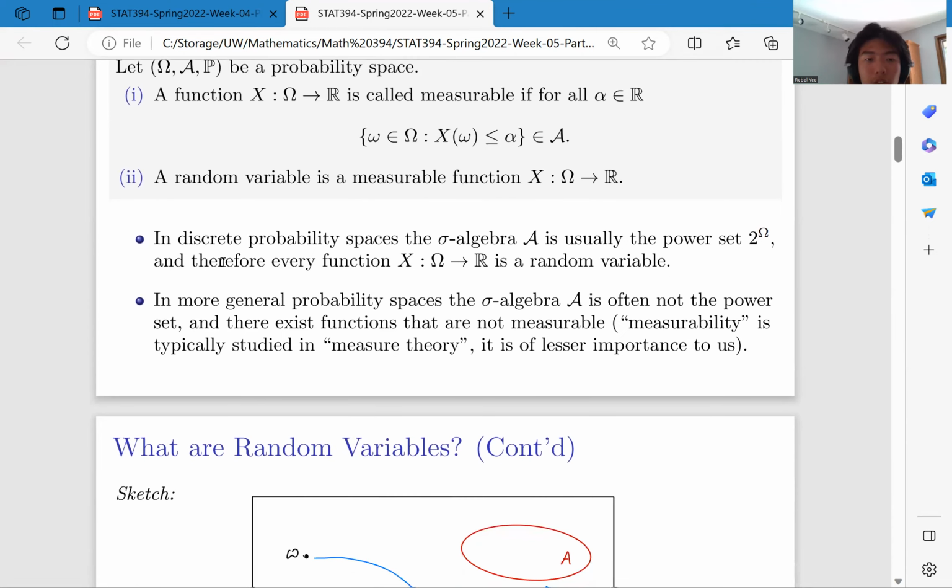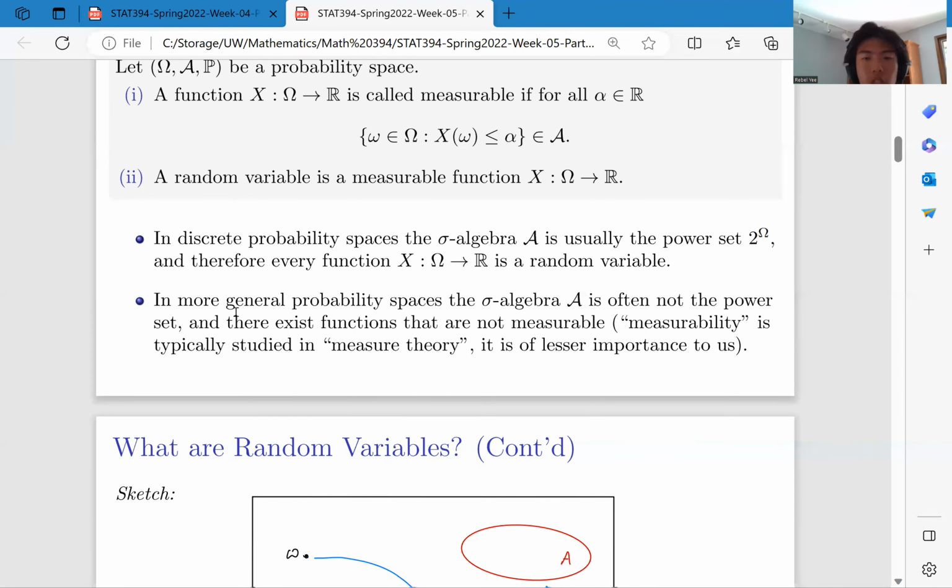More specifically, in discrete probability, the sigma algebra is always the power set, which is denoted by this notation. So every function X from the sample space to the whole real line is a random variable. There's no doubt in the discrete case.